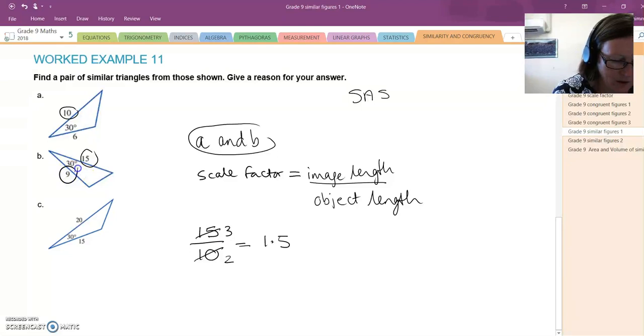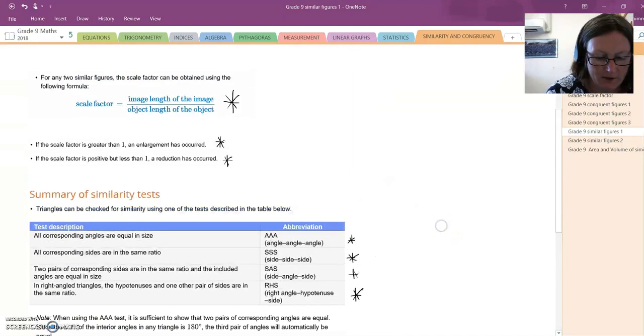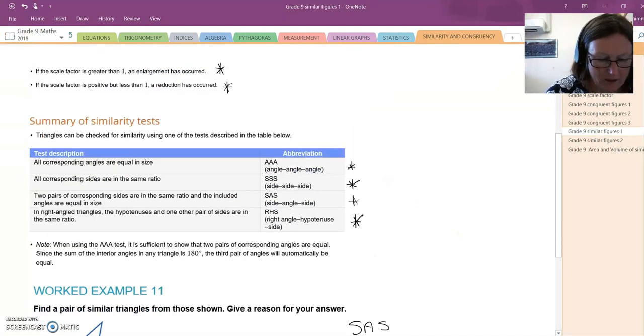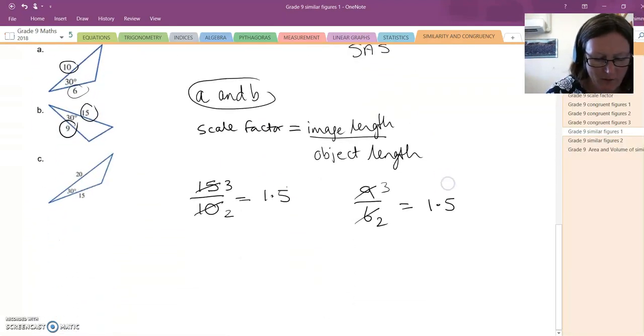Let's look at this side, 9 to 6. So it is 9 now, it was 6. 3 goes into that twice, 3 goes into that 3 times, which is 3 over 2, which is 1.5. So let's look at our rule. Two pairs of corresponding sides are in the same ratio. They certainly are. The scale factor is the same. And that included angle is the same.